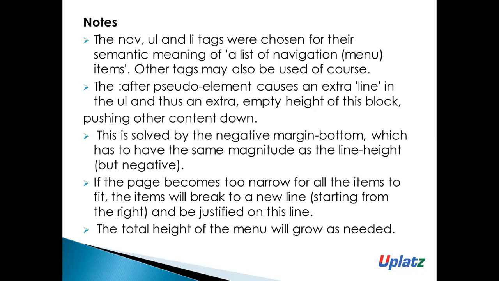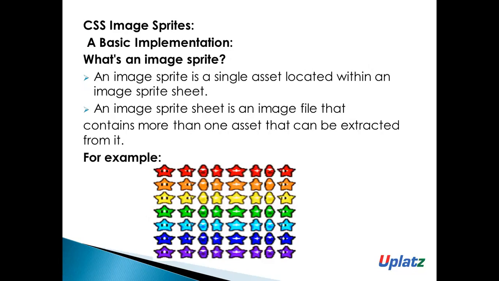This can be solved by a negative margin bottom that has the same magnitude as the line height, but it should be negative. If your page becomes too narrow, all the items will break to a new line starting from the right, and it should be justified. So the total height of the menu will be calculated.